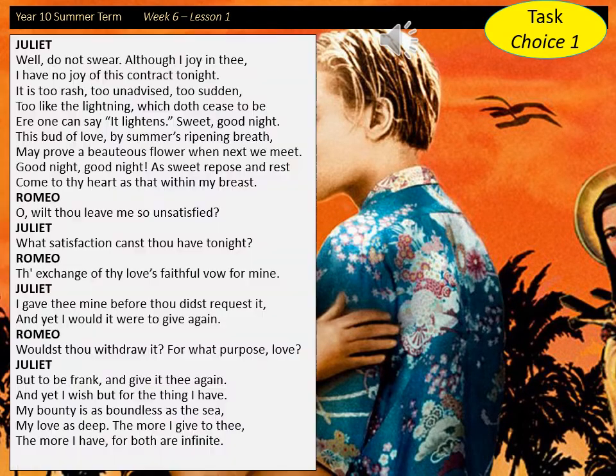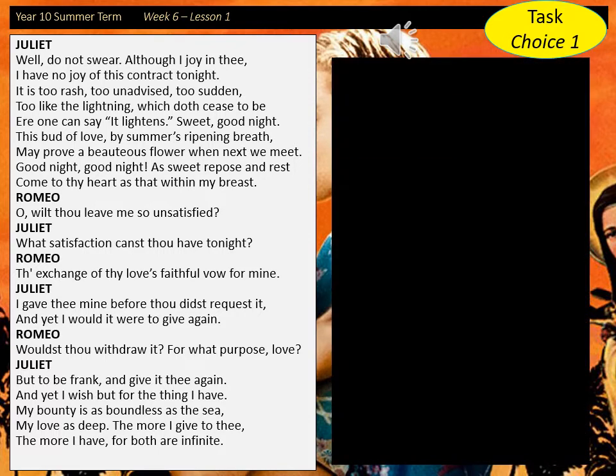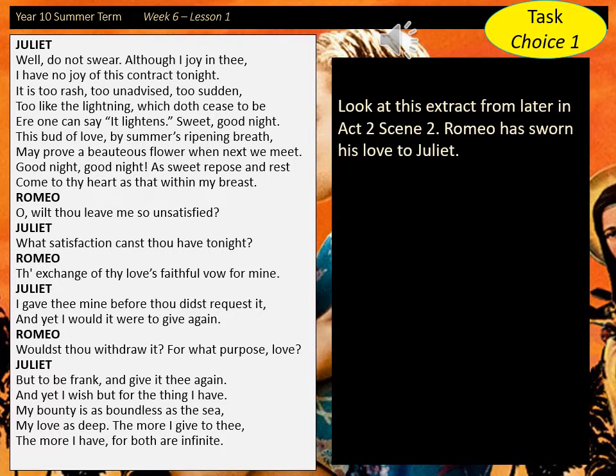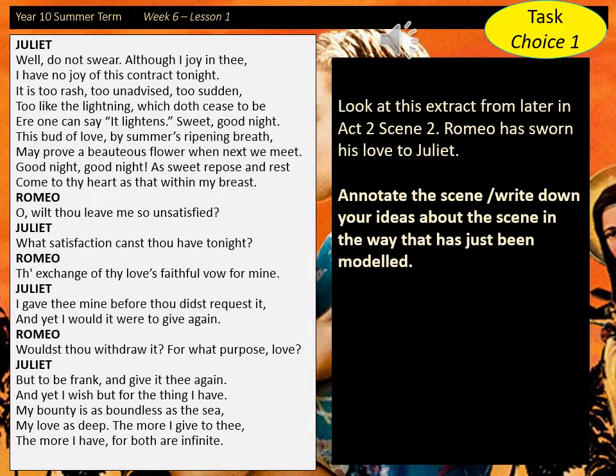Okay, now that you've seen what you should do when you're presented with an extract, you have a choice. You can either look at this extract from later in Act 2, Scene 2, when Romeo has sworn his love to Juliet. And what I want you to do is annotate the scene in the way that I have done.